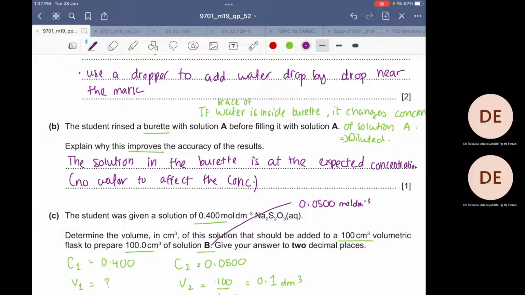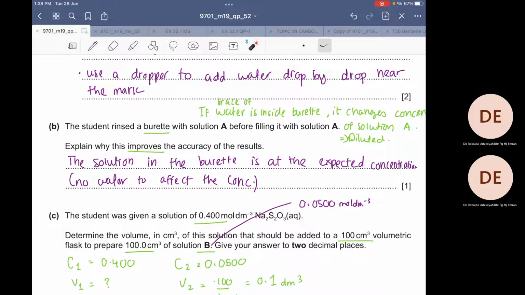C1V1 = C2V2. For those of you who have not used this formula before, C1 means the initial concentration. This is the concentration of the solution that you are provided with. V1 is the volume. How much of that solution do you need to add? Okay. C2 means the final concentration, the concentration of the solution that you want to dilute it into.